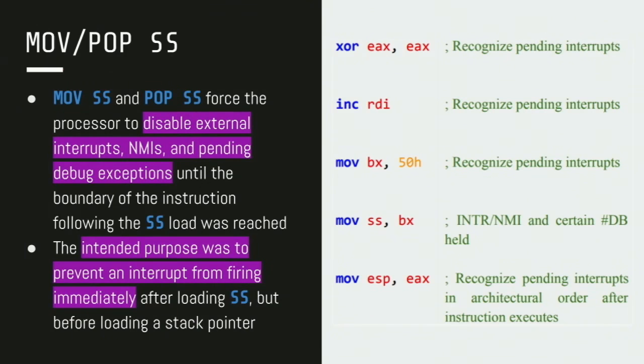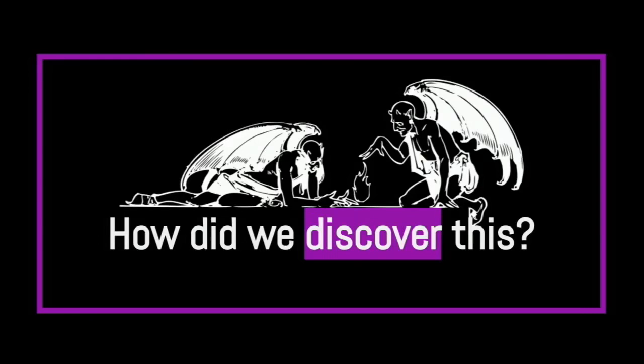And after MoveSS or PopSS completes its execution, all interrupts are held pending until the instruction after it is finished. It doesn't matter what instruction is after it. It could be a branch, it could be any of the ones that you see above it. No interrupts are going to be recognized after it. And that's the heart of how this vulnerability works.